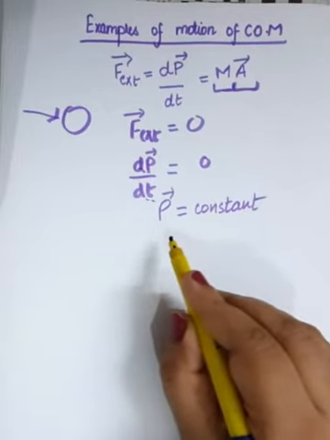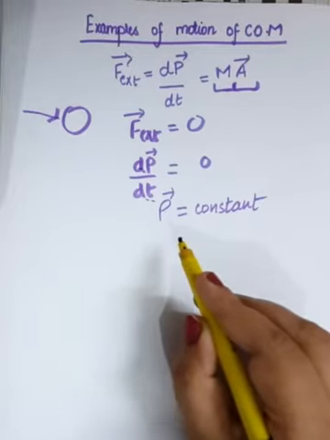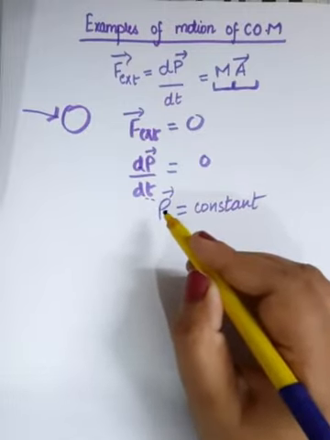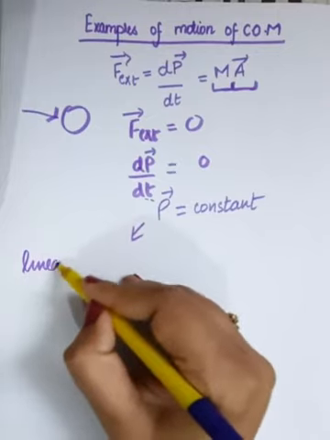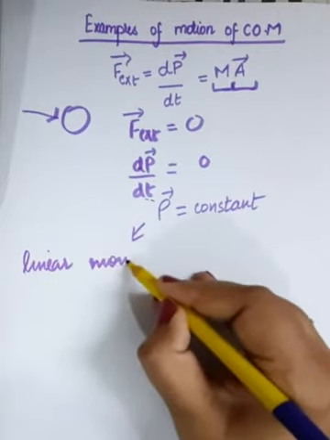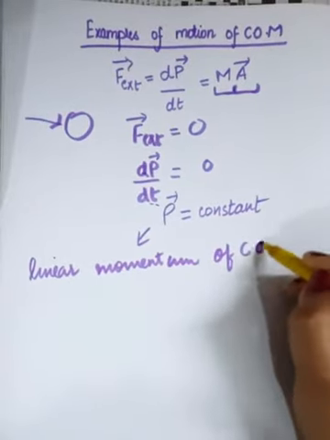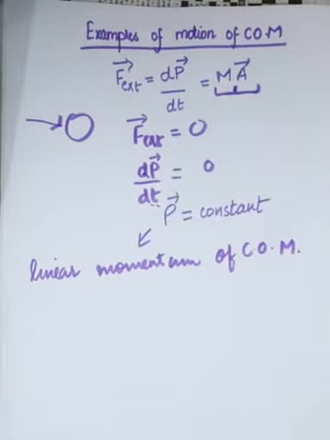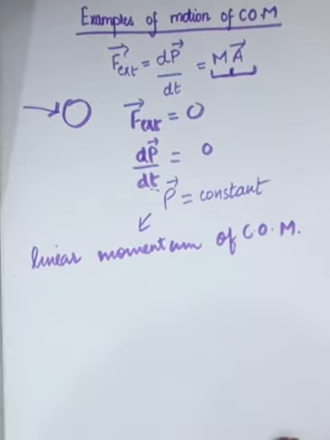So whenever there is no external force acting on the system, you need to infer that the total linear momentum of center of mass is constant. So according to all this calculation, we need to study several examples of motion of center of mass.